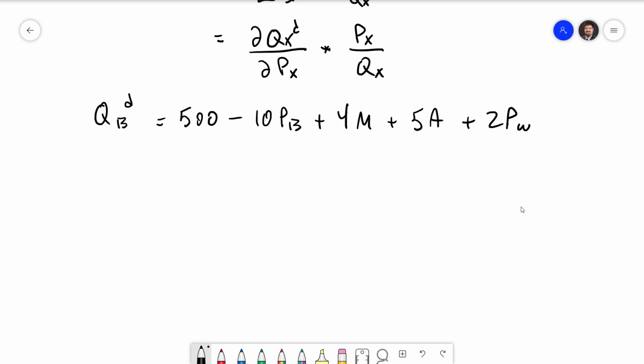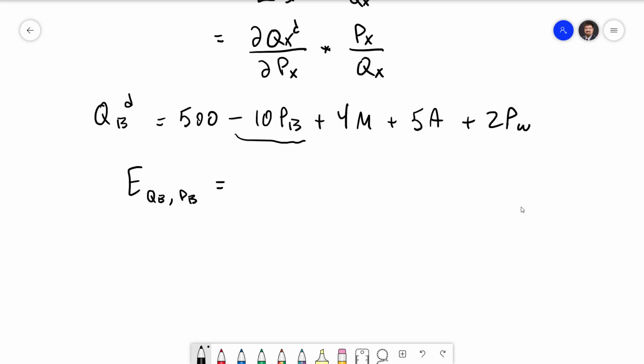We're going to return to our example beer demand function from a few videos ago and calculate the price elasticity of demand. Since this is the own price elasticity, the first thing we need to do is get the partial derivative with respect to PB. This is relatively simple for this demand function because PB only appears in one part of the demand function. The partial derivative makes everything else go to 0.